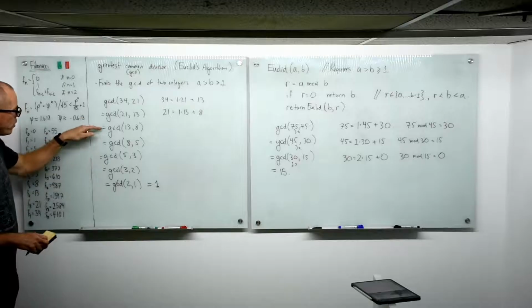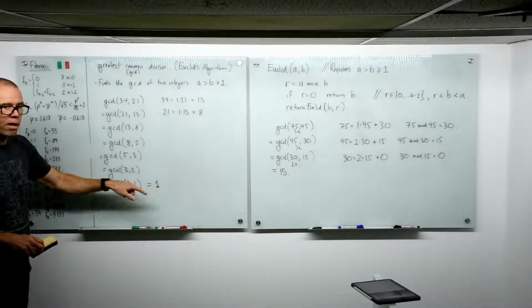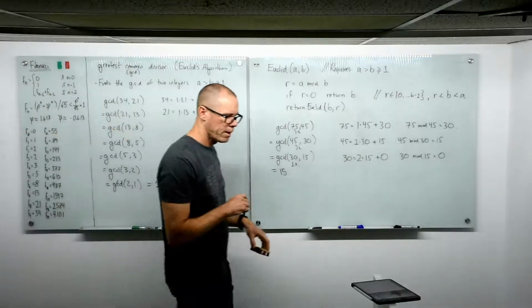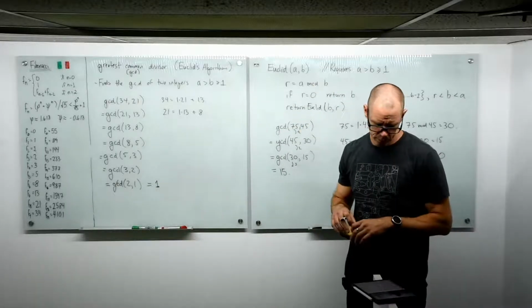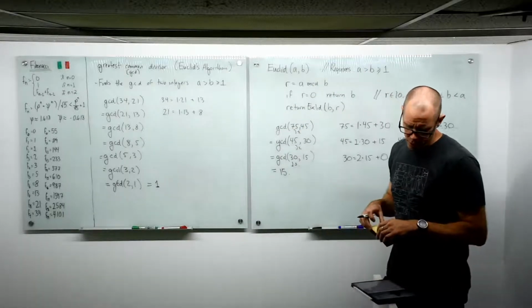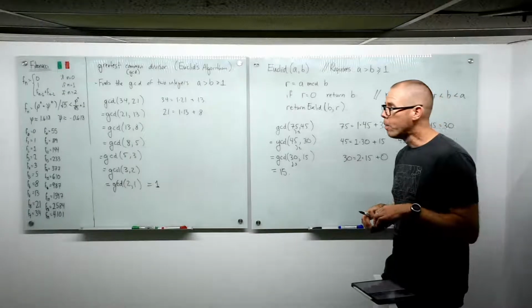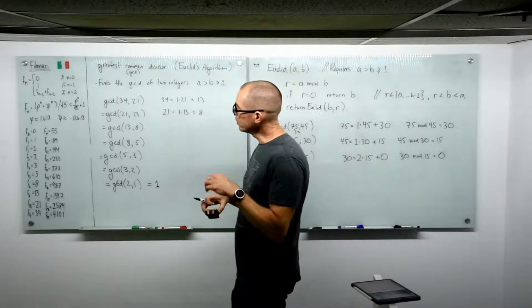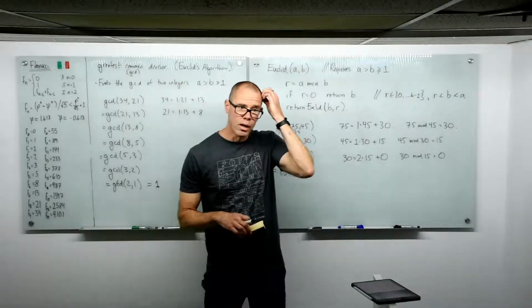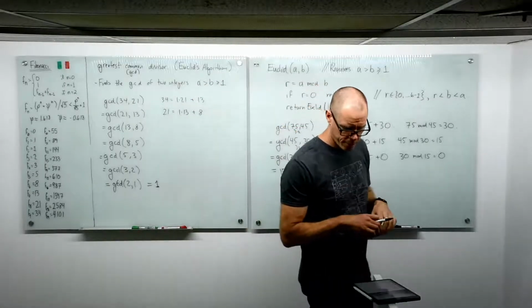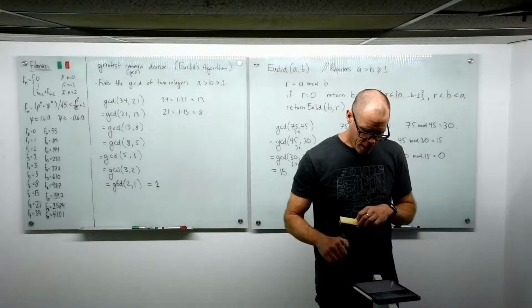And here there's 1, 2, 3, 4, 5, 6, 7 steps. Okay, so someone asks, is this quick? Yes. So what we're going to argue is that this Euclid's GCD algorithm is actually very efficient.